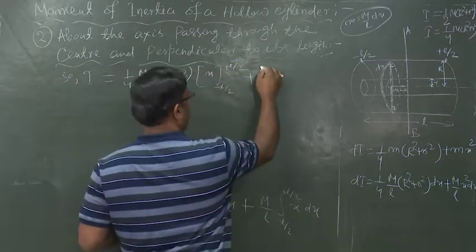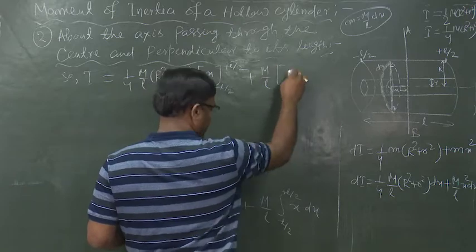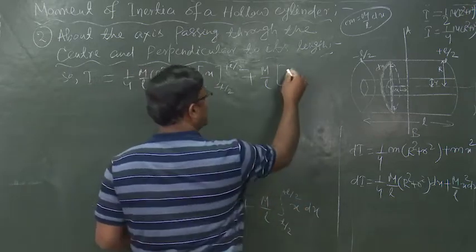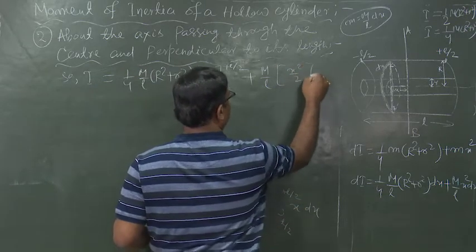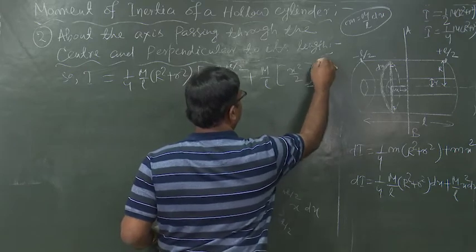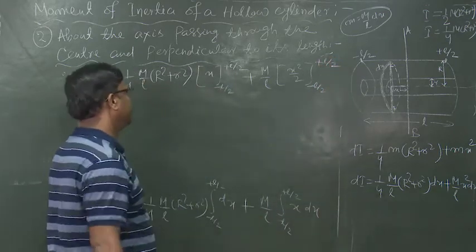plus m by L, the integration of x square is x cube by 3 from minus L by 2 to plus L by 2.